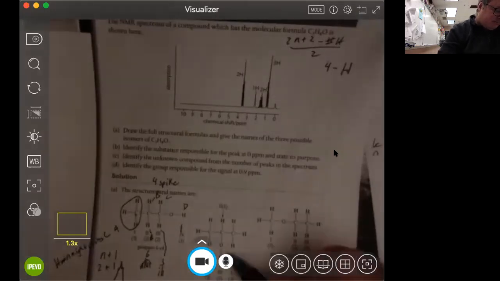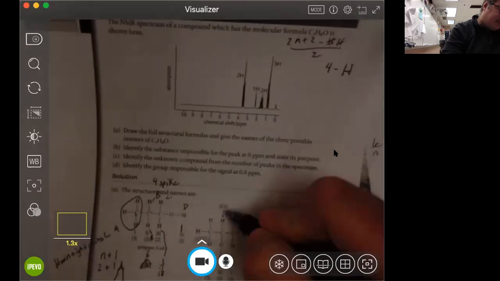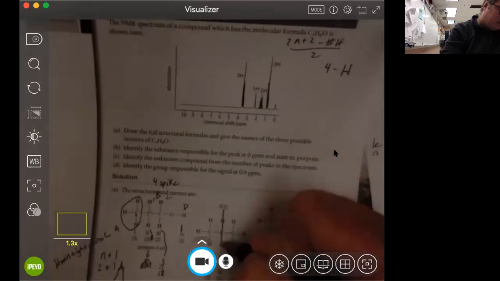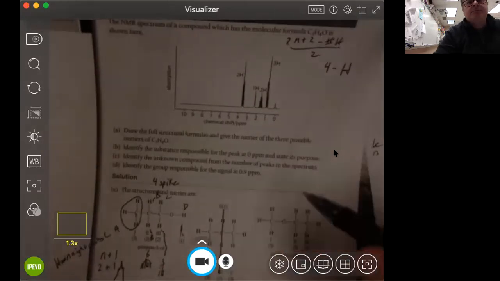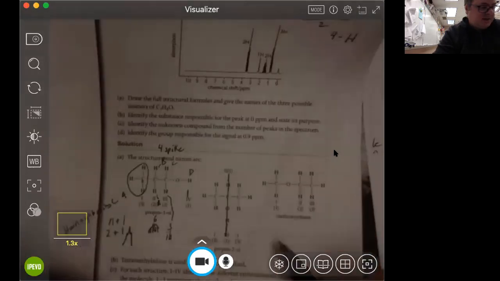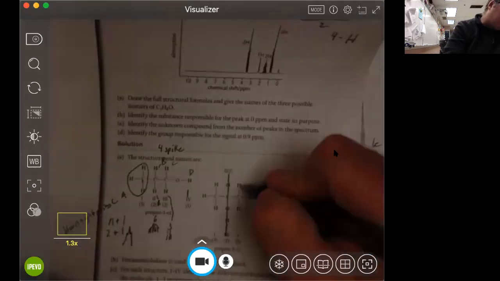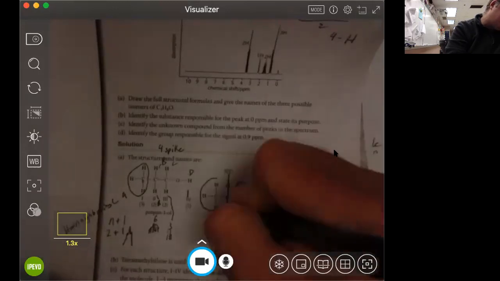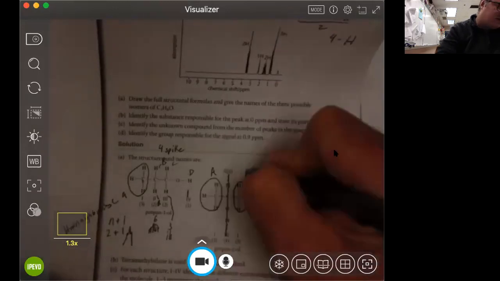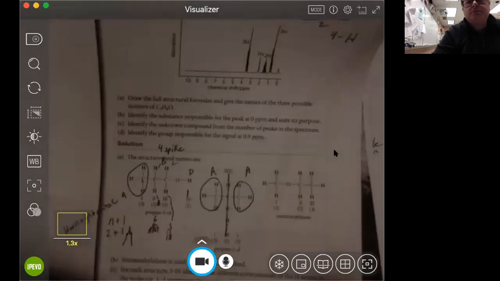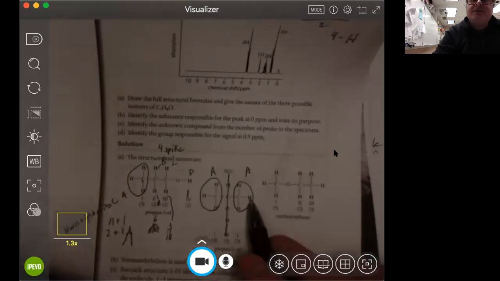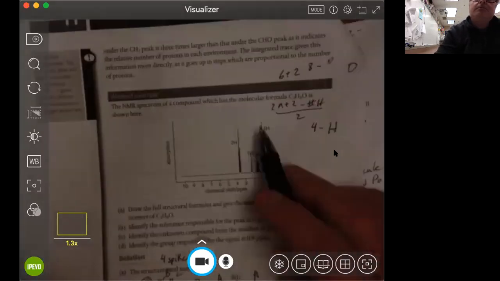This one right here, if we bisect this like that, and look at its symmetry, these hydrogens here and these hydrogens here would be the same. We can call them both A. Instead of 3 hydrogens on our spike, we would have how many? 6, right?